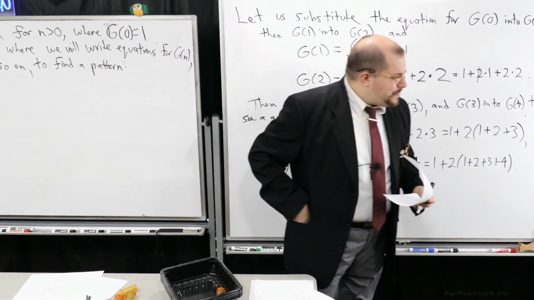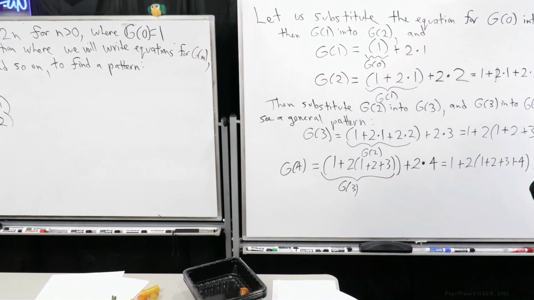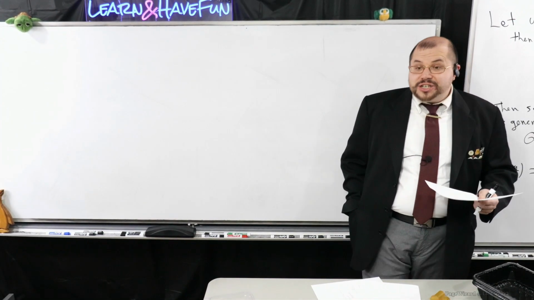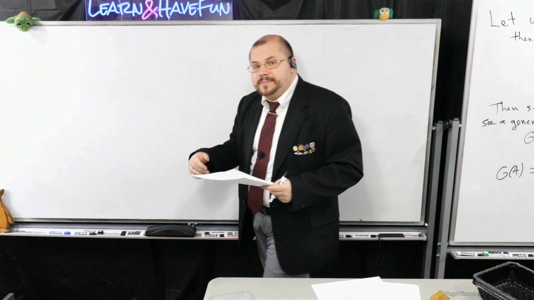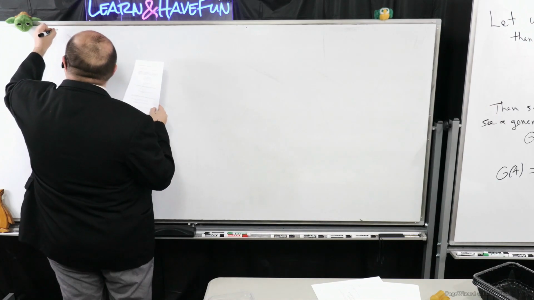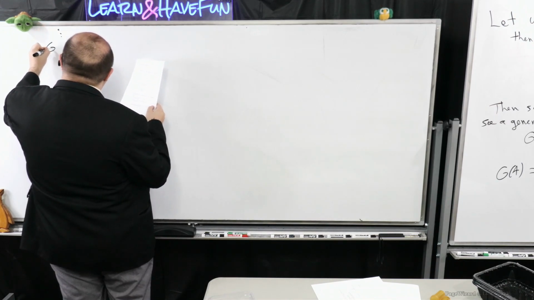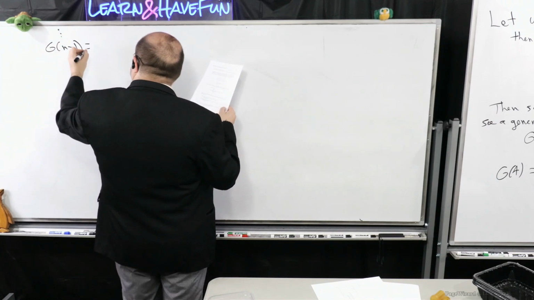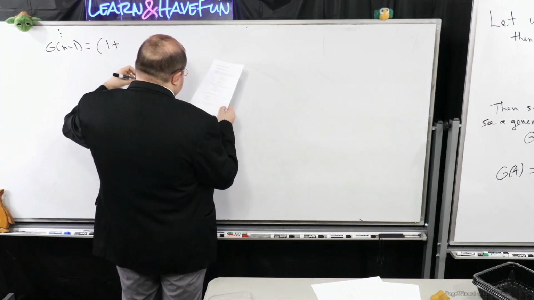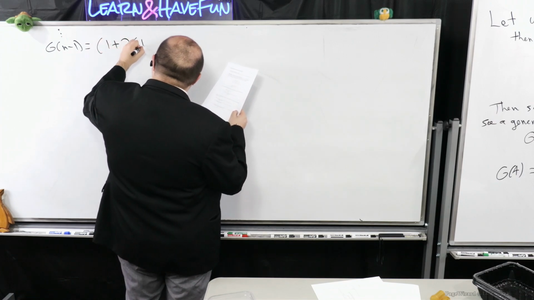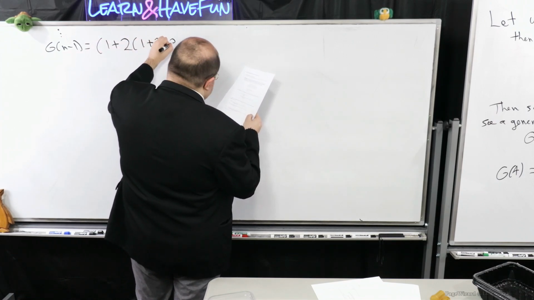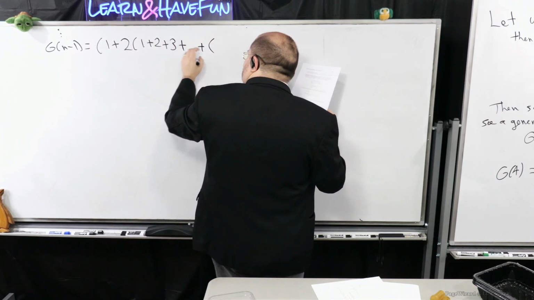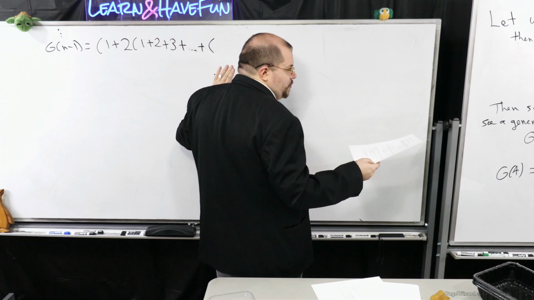Well, let's keep going. So now let's try to give some general expressions. Imagine you keep substituting. Dot, dot, dot, we get to g of n minus 1. What would have been the good guess for this? Well, it's 1 plus 2 times 1 plus 2 plus 3 plus all the way up to whatever the thing is, because where did it end?